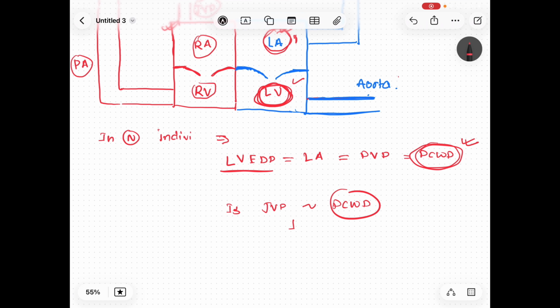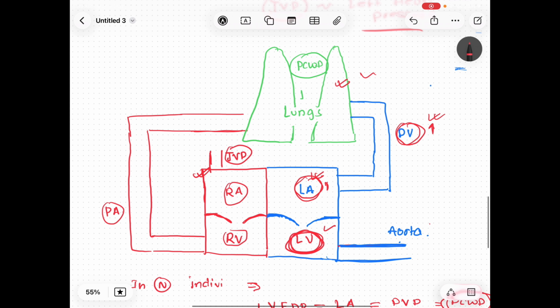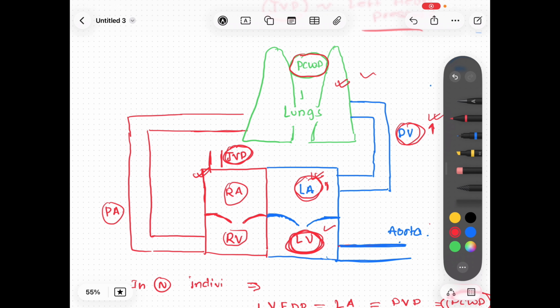The answer is yes. To understand this, we again need to look at this diagram. Between JVP and pulmonary capillary wedge pressure there are various anatomical barriers. Let me enumerate them. The first barrier is the jugular vein.